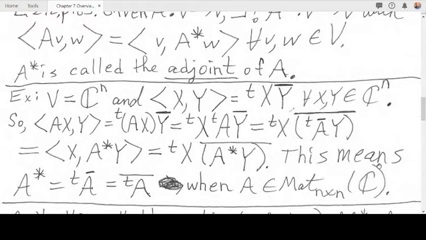So that's row x dot product with the conjugate of y, the complex conjugate.